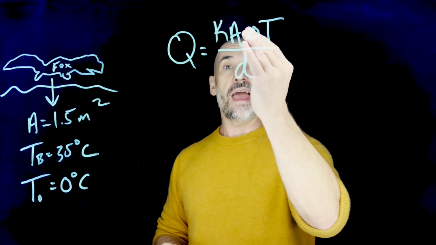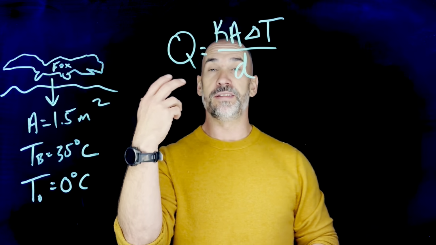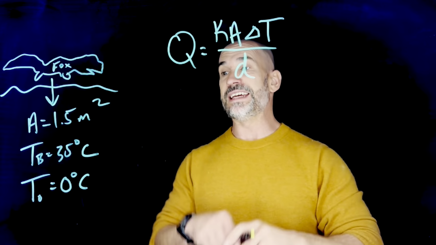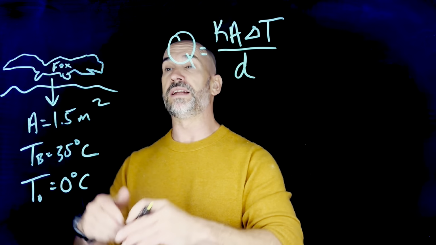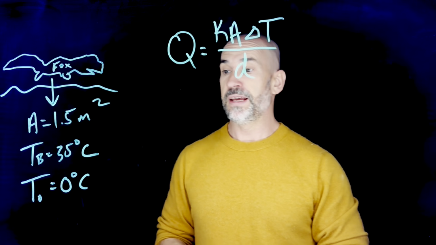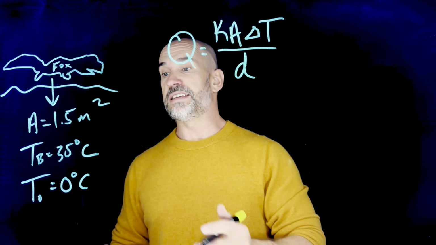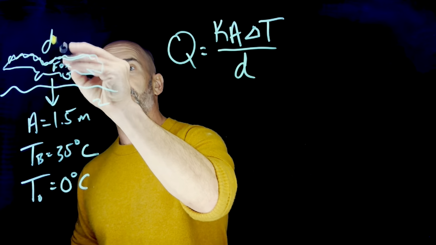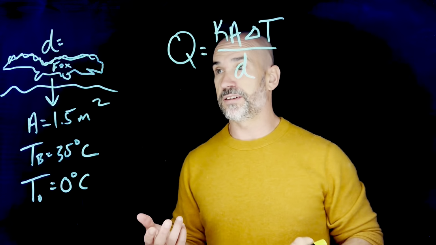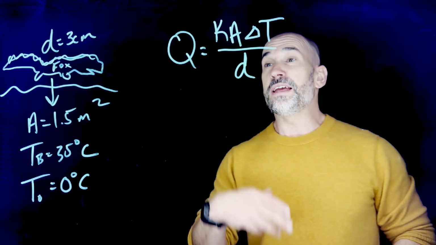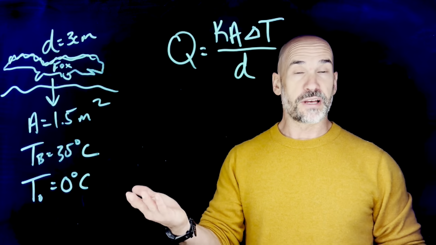A is the surface area of this fox, and delta T is the difference in temperature between the fox's body and the environment itself. D, lastly, is the thickness of this fox's fur, because that matters. And the thickness of this fox's fur is going to be about 3 centimeters. So at what rate does this fox lose energy to the environment?